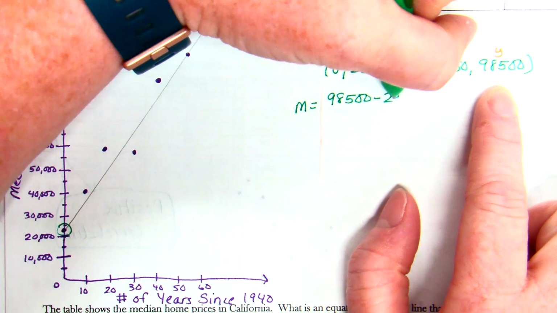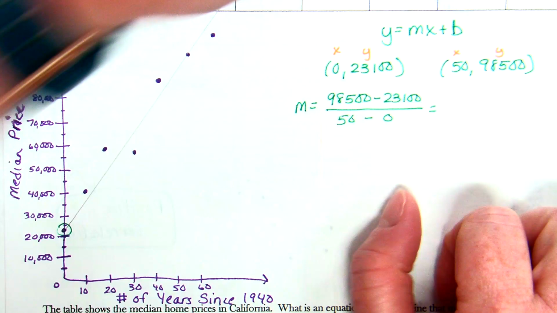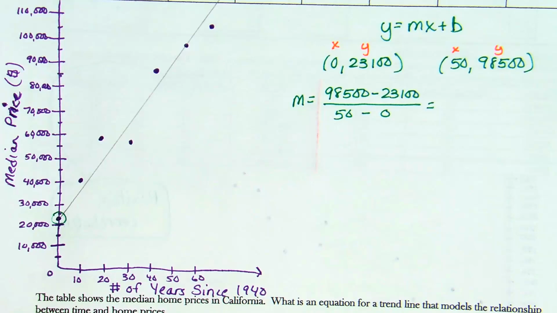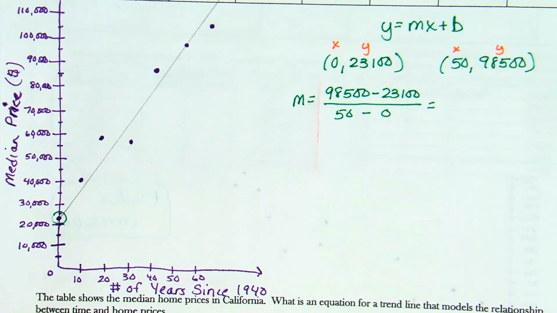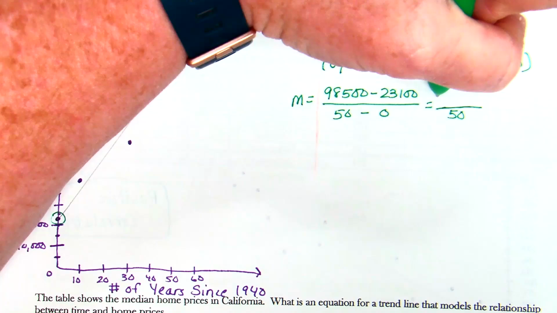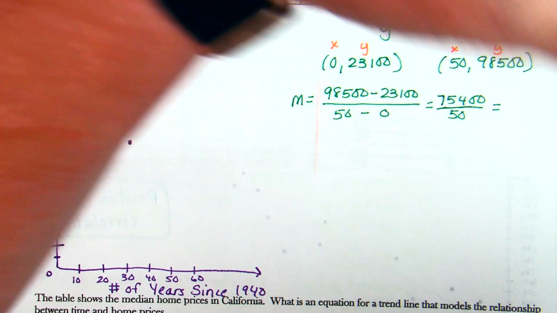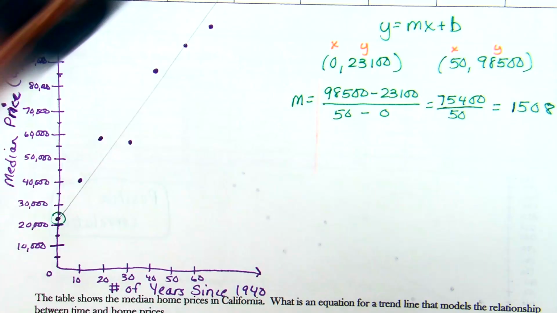So I did 98,500 minus 23,100 over 50 minus 0. 50 minus 0 is 50. 98,500 minus 23,100 is 75,400, divided by 50 is 1,508. So what is that 1,508 I just found? My slope. So M is 1,508.